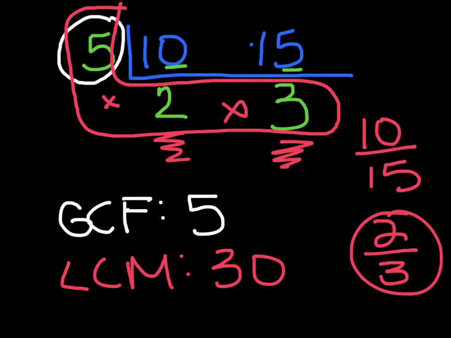Let's do another one. If we are looking at the numbers 24 and 30, I want to find the GCF and LCM of 24 and 30. So we're going to start with our numbers and put them next to each other with enough space in between.